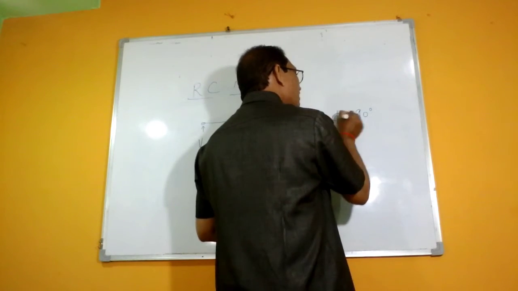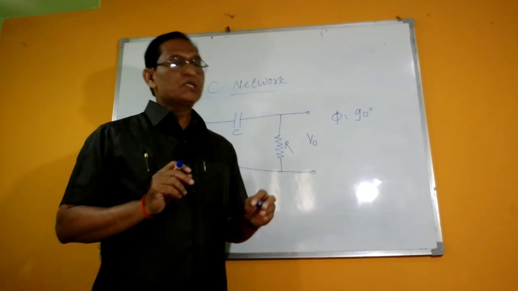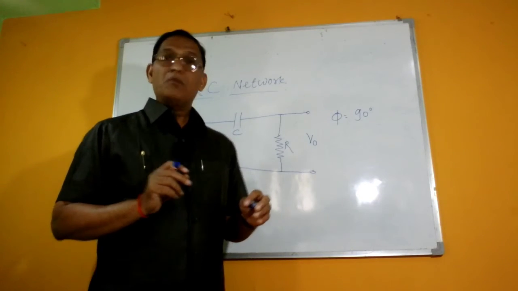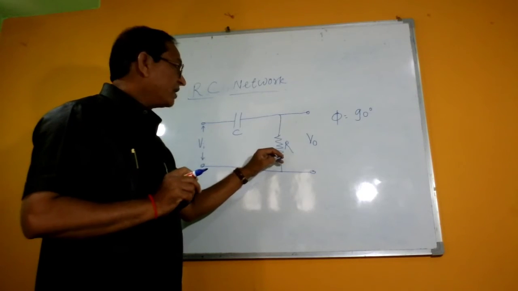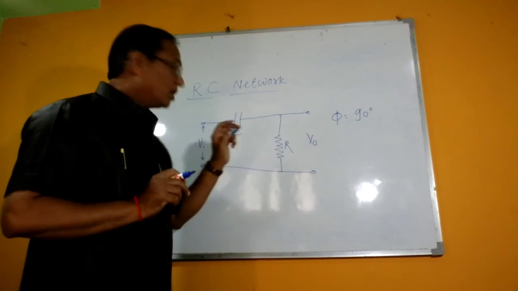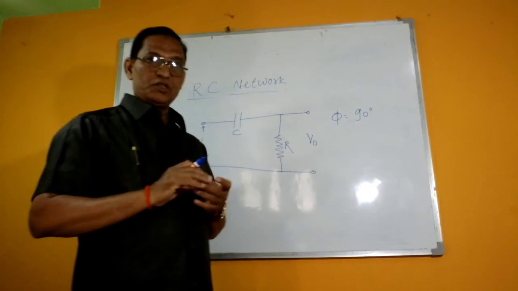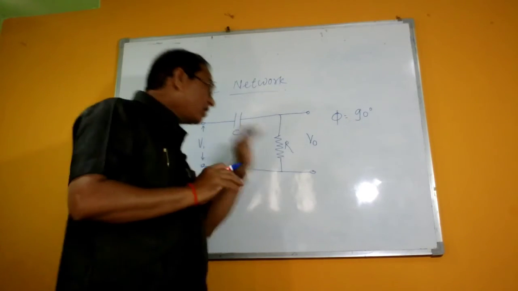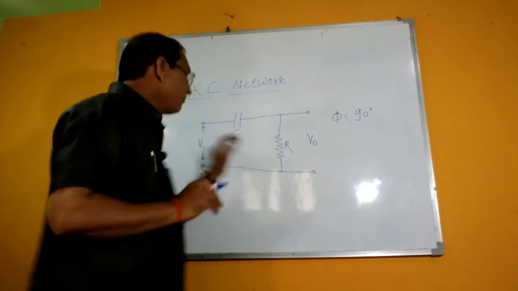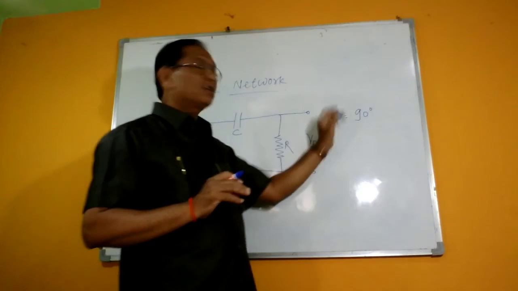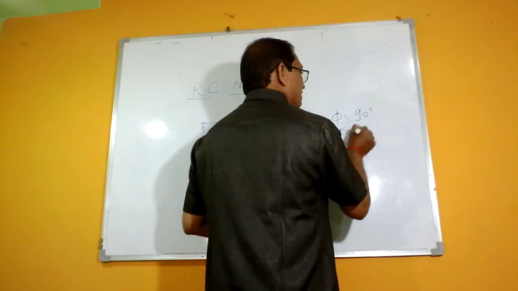But reducing the value of R to 0 is impracticable, because then we will not find any voltage across the output. Therefore, the value of R is to be adjusted in such a way that the phase shift obtained by one network is adjusted to phi equal to 60 degrees.